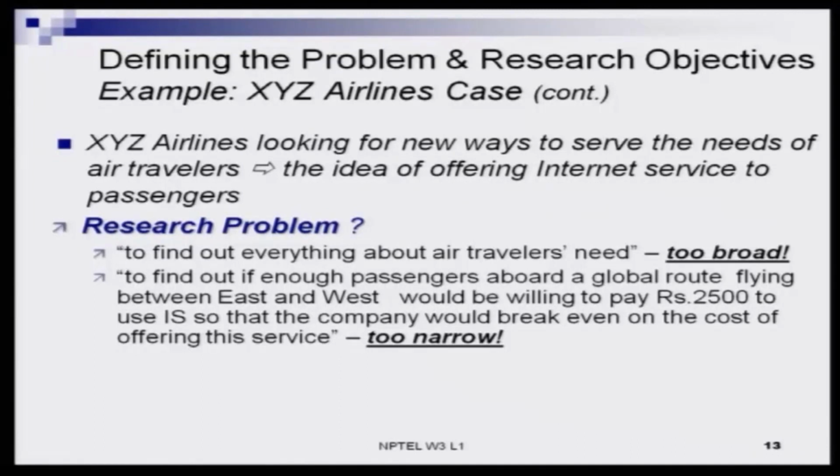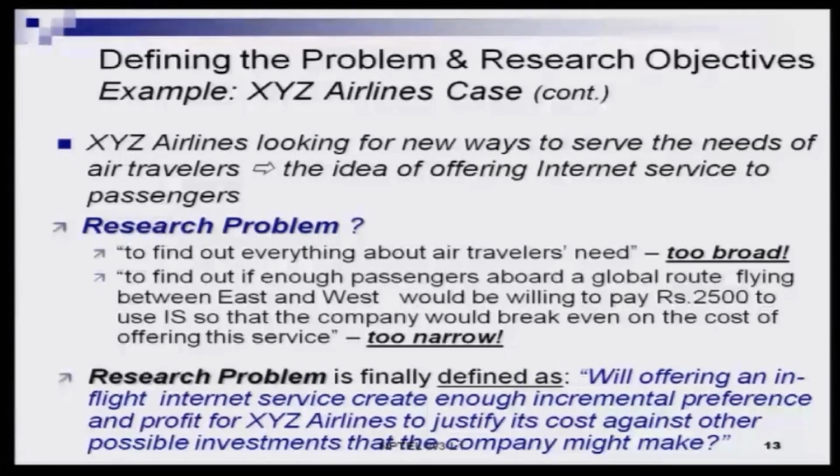If we say we want to find out everything about air travelers' needs, this statement is too broad. Or if we say we want to find out whether travelers on a global route flying between east and west would be willing to pay rupees 2,500 to use internet service, so that the company would break even on the cost of offering this service, this also appears to be too narrow, very specific. We may actually lose out by not asking some other peripheral questions which can give us much better insight.